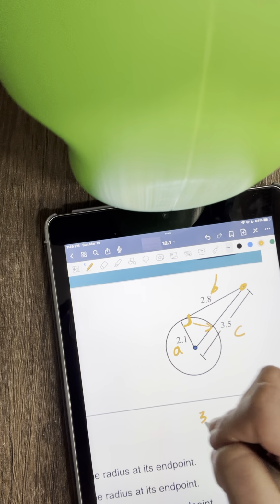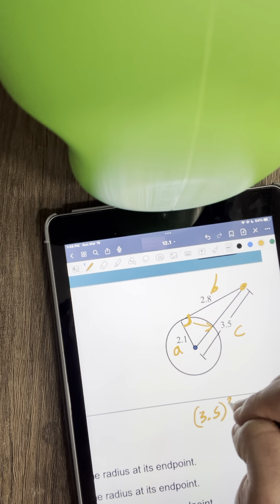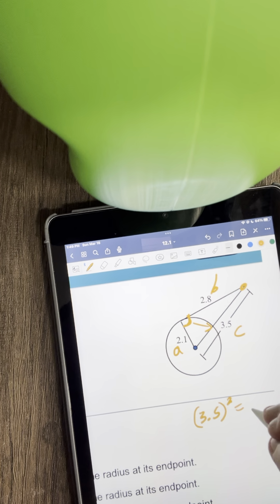So I'm going to do 3.5 squared equals 2.1 squared plus 2.8 squared. Now, once again, I don't have a calculator on me right now.